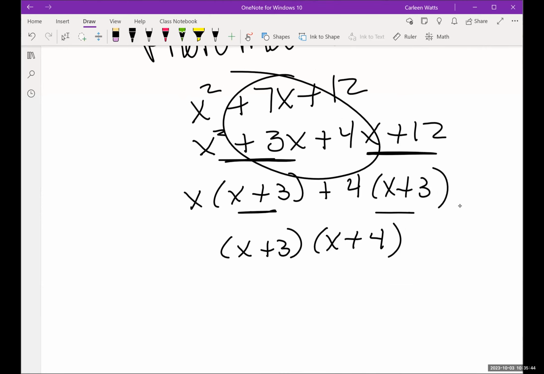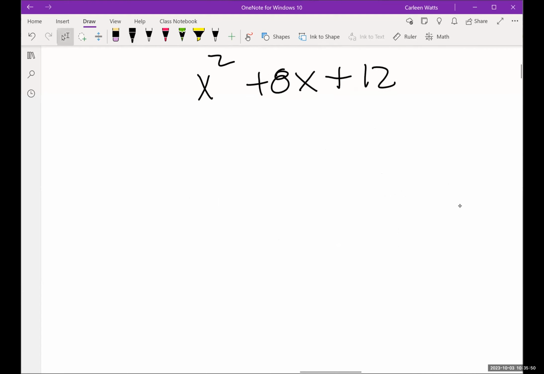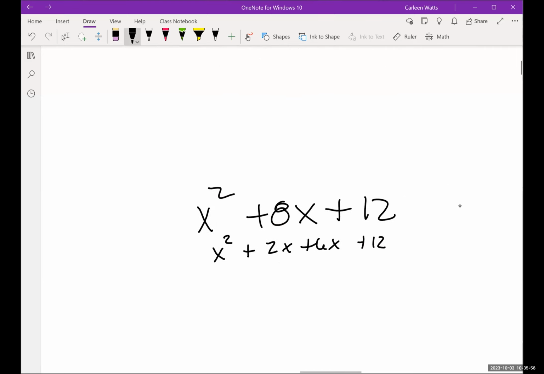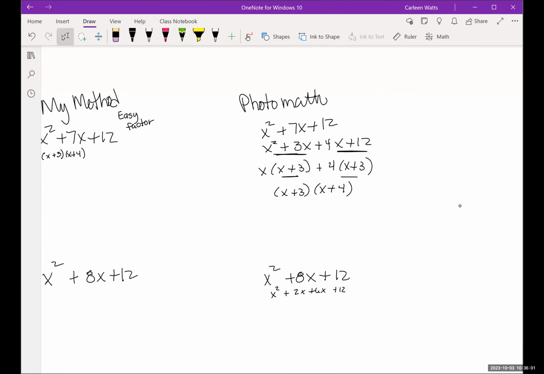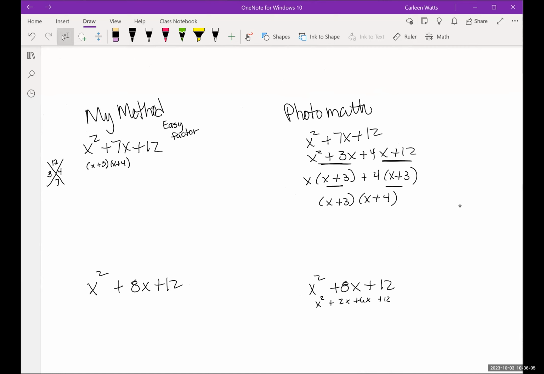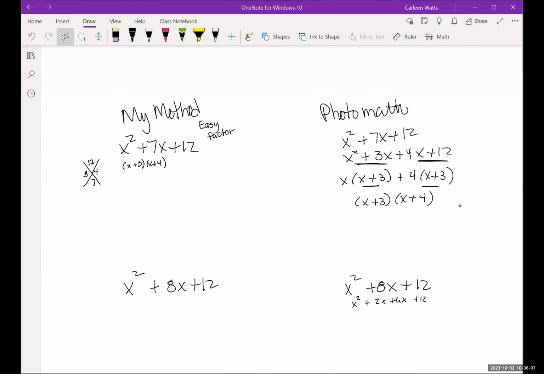Or I'm going to ask you, how did you decide 3 and 4 as the factors of 12? Look at this one: x squared plus 2x plus 6x plus 12. How did you know? So just be very careful. When you're doing an easy factor problem, just make the diamond.